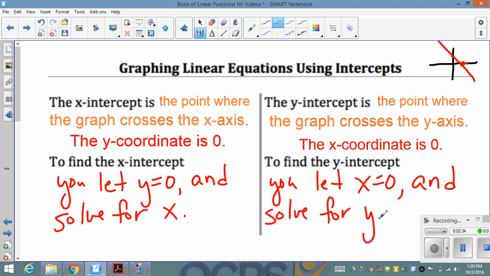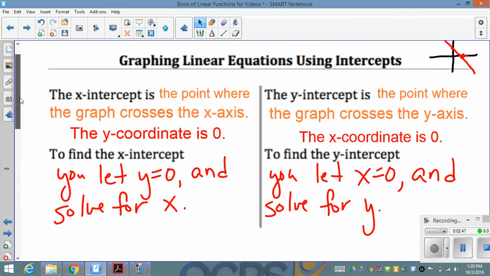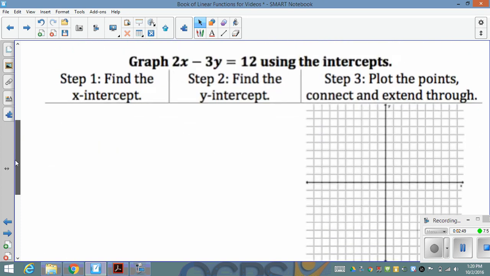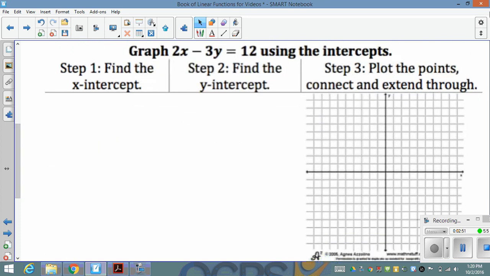With our linear equations, each of these things is typically pretty easy to do. Let's take a look at how we're going to use this in order to graph a linear equation. So we want to graph 2x minus 3y equals 12 using intercepts.